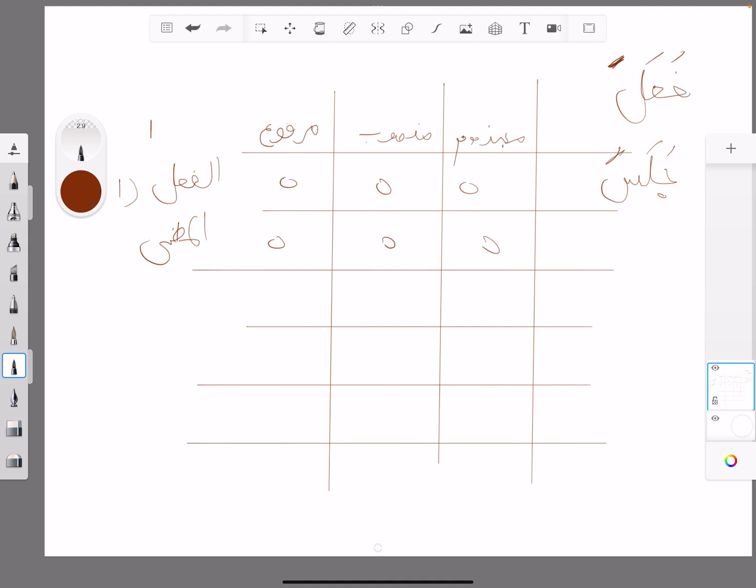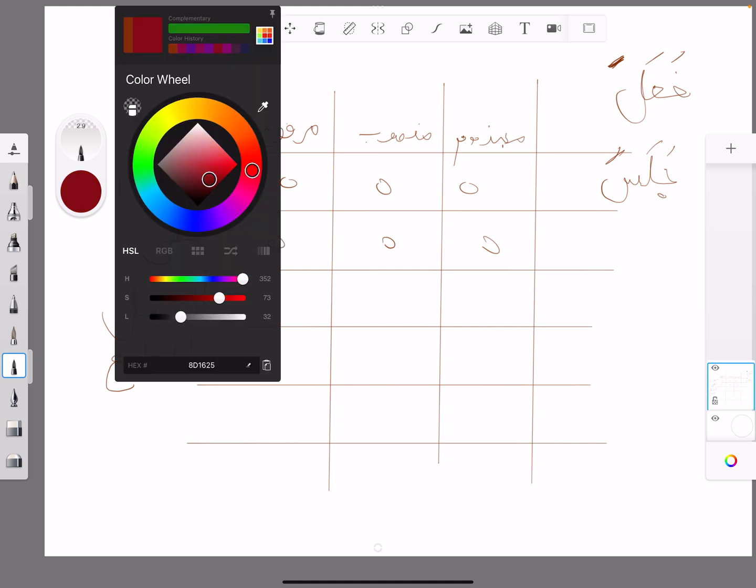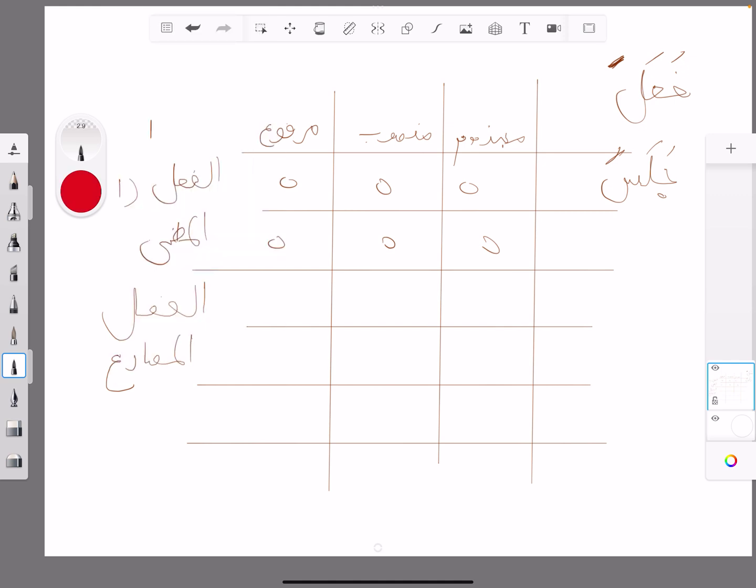Now the one that you really need to be aware of is this one, obviously. Fi'l al-mudari. Let me use a different color. So fi'l al-mudari, when it's marfu, I'm not going to put what marfu, mansub, majzoom is, because you know it already.